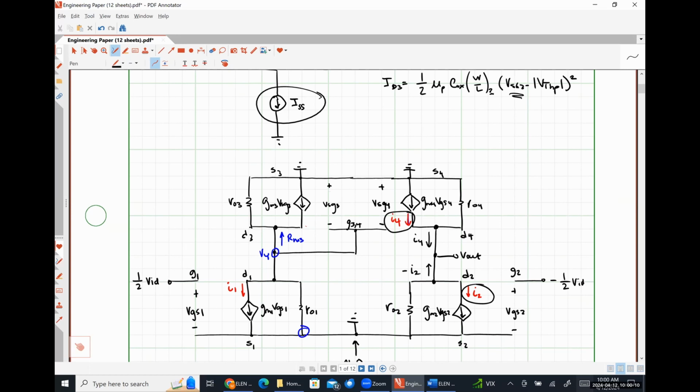So we're going to add those guys together. What's the resistance seen looking into the output node of this guy? In parallel with? So the resistance seen looking down is R02. What's the resistance looking up? R04. Absolutely right.